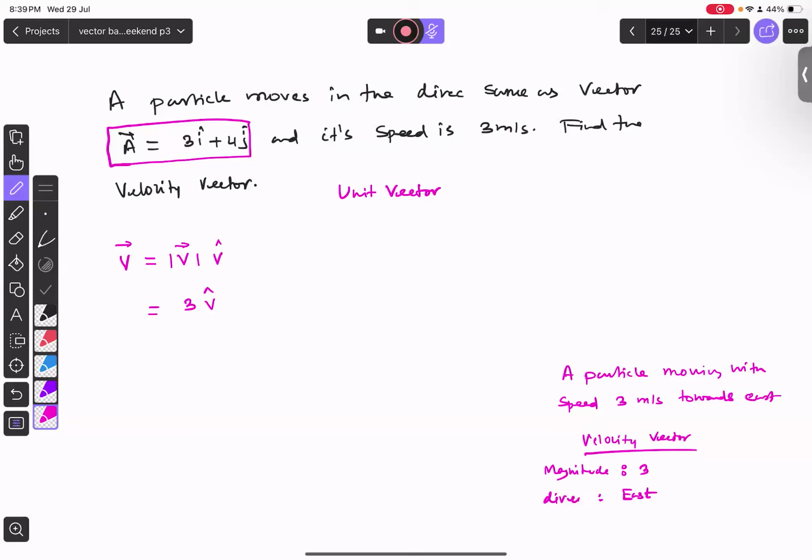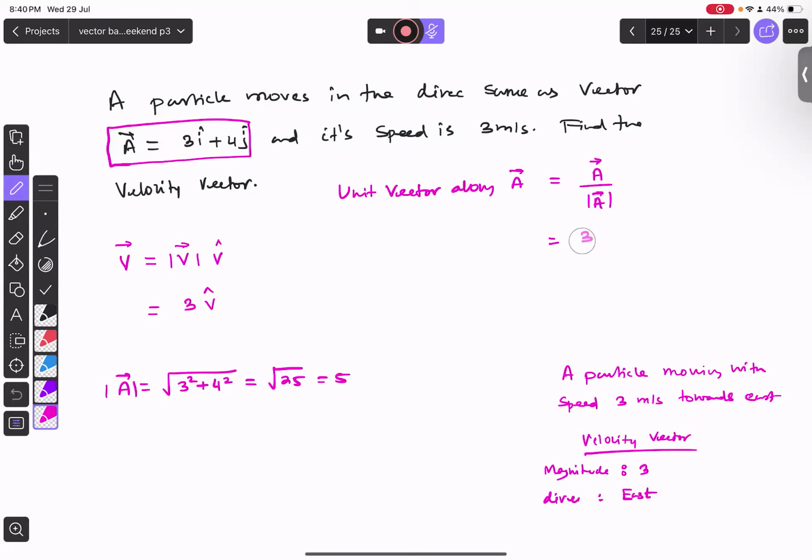Unit vector along the direction of vector A: we take the vector and divide it by the length of the vector. The length is easy to find now because 3 square plus 4 square becomes a nice 5. So the length of vector A is root over 3 square plus 4 square, that is root 25, which is 5.